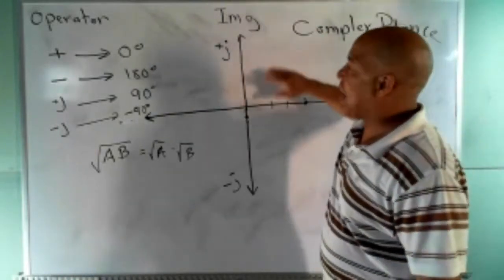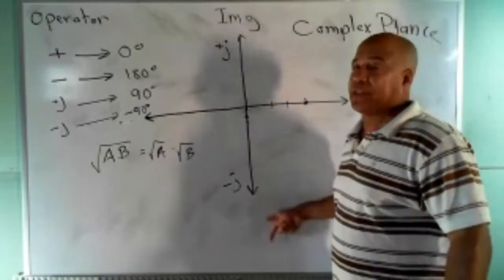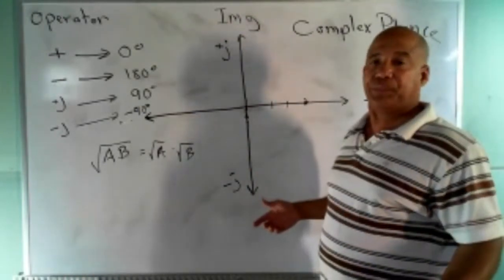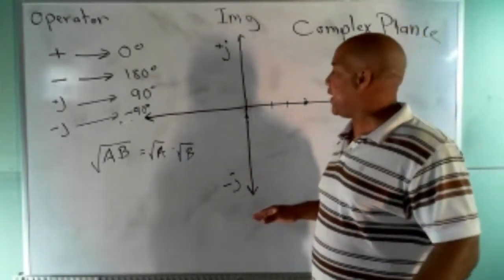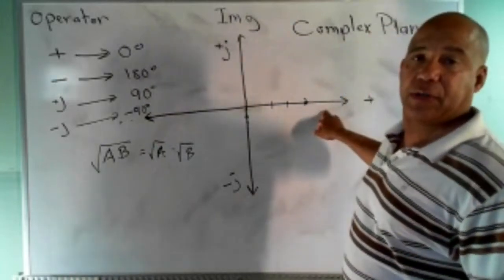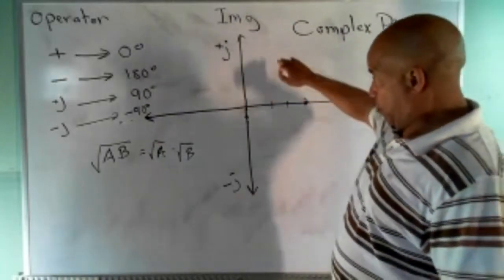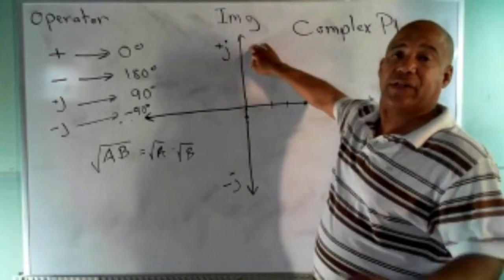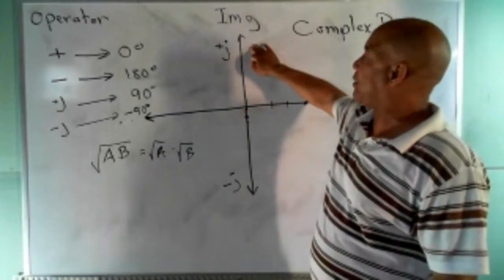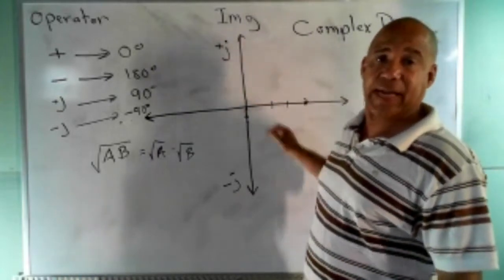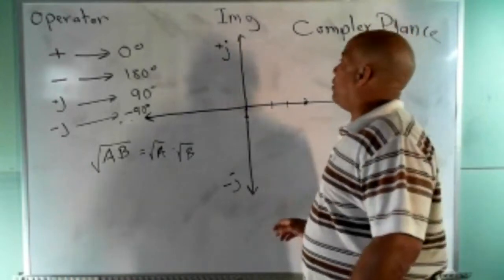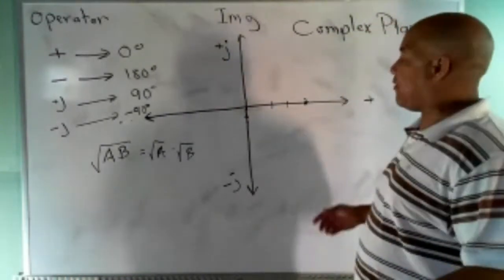In the complex plane, any number that's on the imaginary axis is an imaginary number. And all I mean by real number is the phase is either going to be 0 degrees or 180. And all I mean by imaginary is the phase associated with that magnitude is going to be positive 90 or negative 90. So I can have real numbers and I can have imaginary numbers.